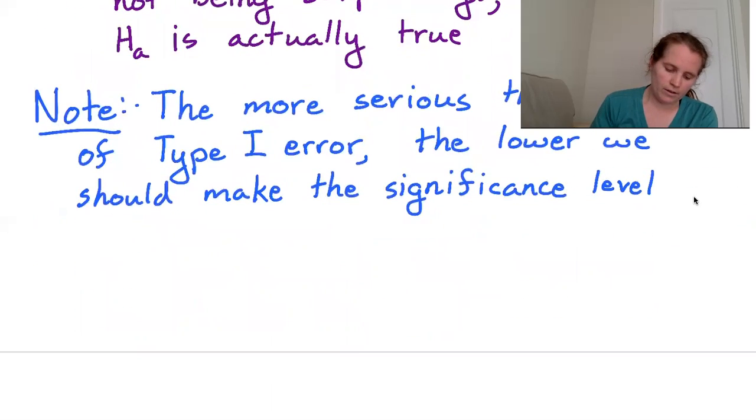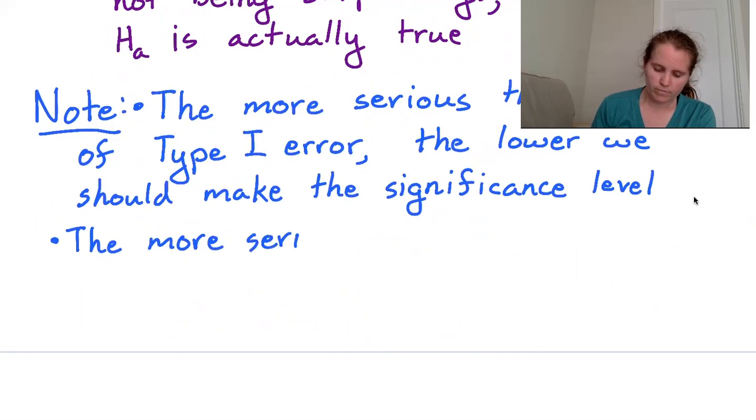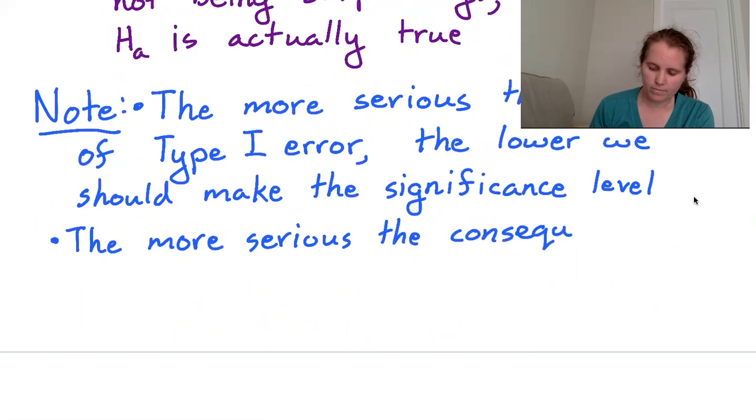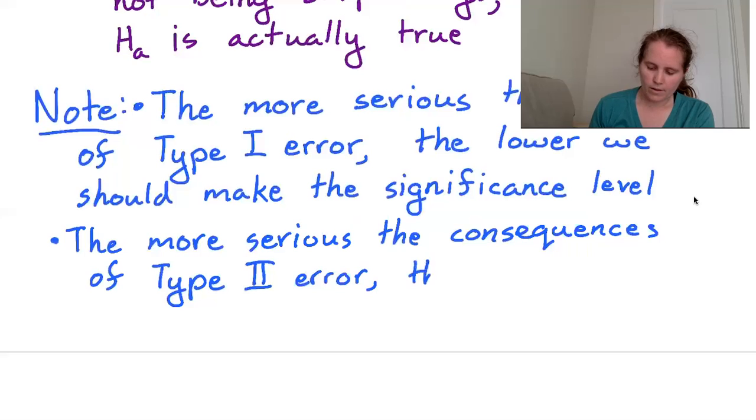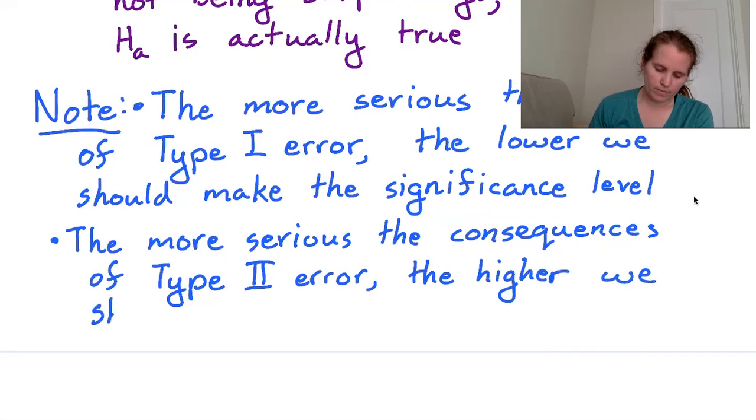On the other hand, the more serious the consequences of type 2 error, the higher we should make the significance level.